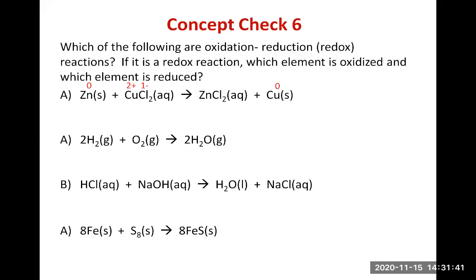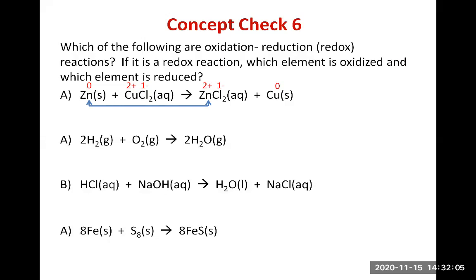In zinc chloride, it's the same. We have two chlorides with one negative charge each. So that's going to make two negative charges that need to be cancelled by two positive charges on the zinc. So zinc will be a zinc 2+ in this compound. So we see that the zinc becomes, from a zero charge, a 2+ ion.